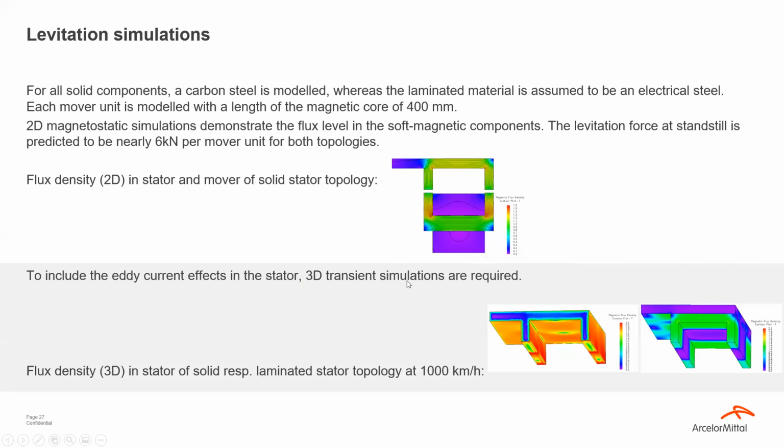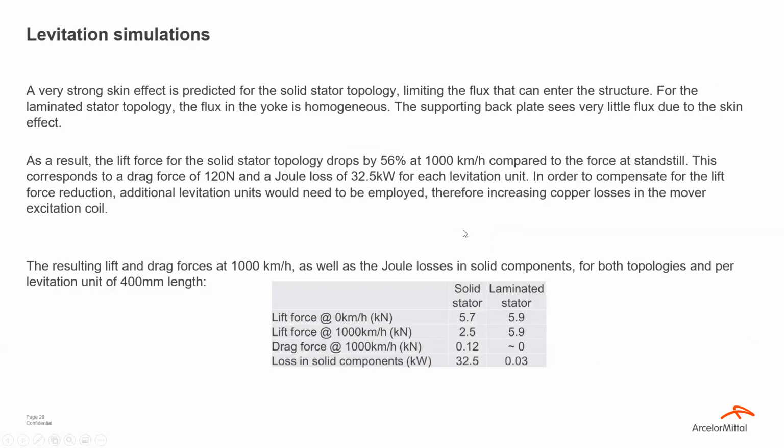And when we go through 3D modeling, you see again that the fact of going through this stator part, which has a laminated solution, is much better in terms of intensity of the fluxes and the associated currents that will be flowing. So the levitation simulations see that we can get this very strong reduction in losses thanks to a laminated solution.